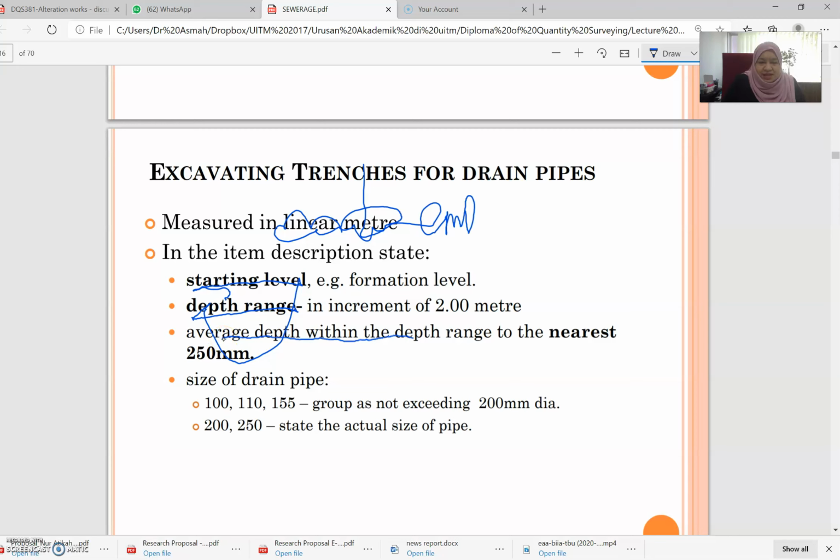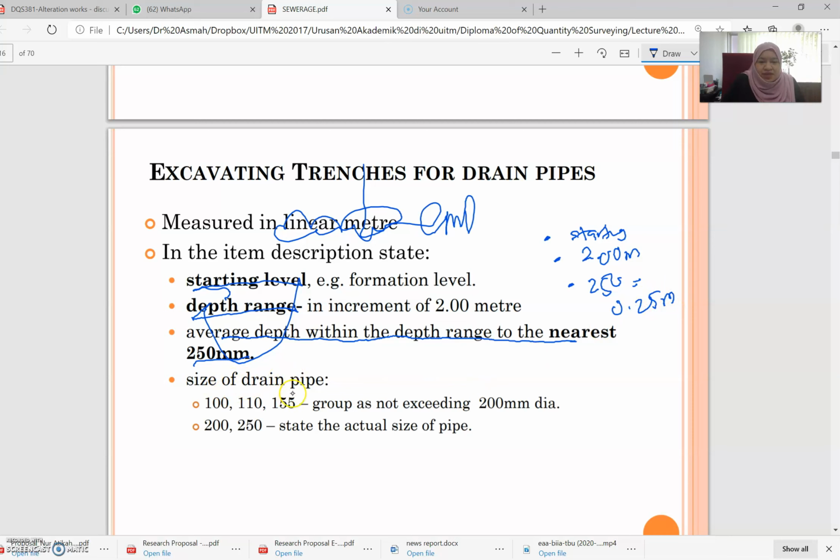The average depth is within the range of nearest 250. So the principle here is starting level, then the depth range will be every 2 meter, and the average depth will be nearest 250, or equal to 0.25 meter.